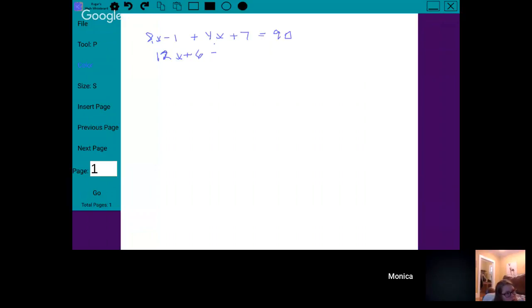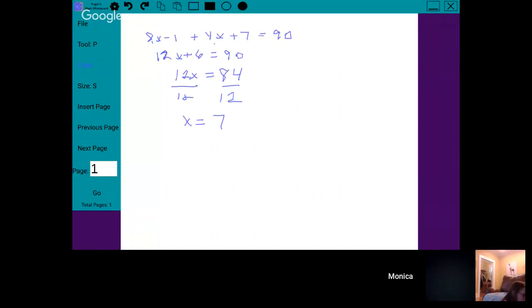So now we'll subtract 6 from both sides, and 90 minus 6 is 84. And then you have to divide both sides by 12, and 84 divided by 12 gives you 7.